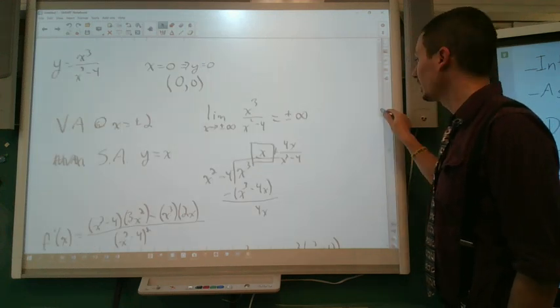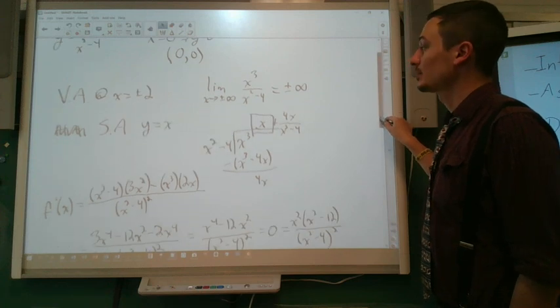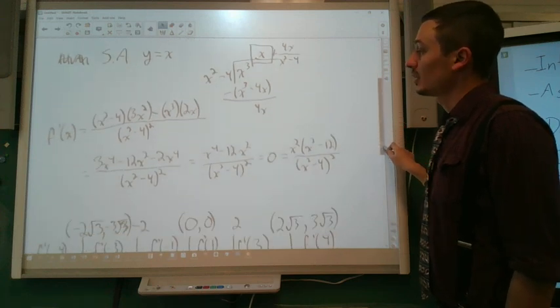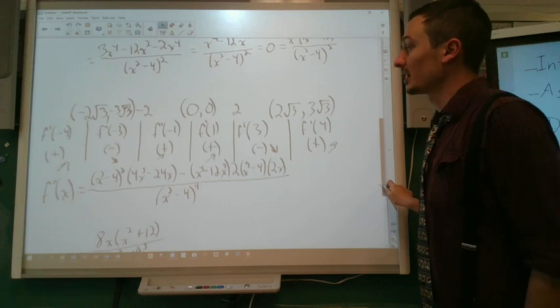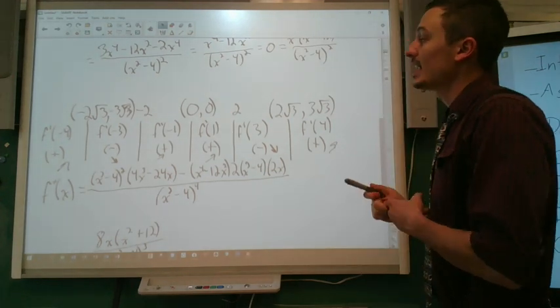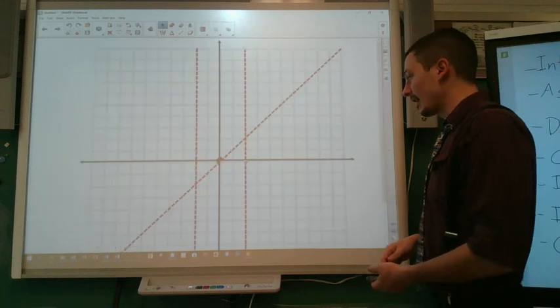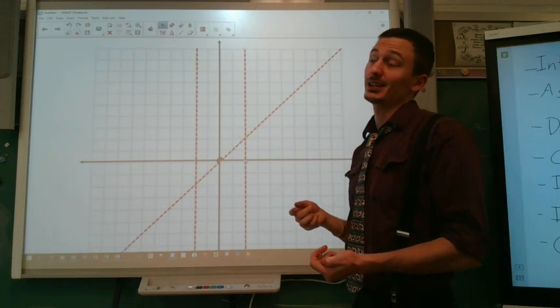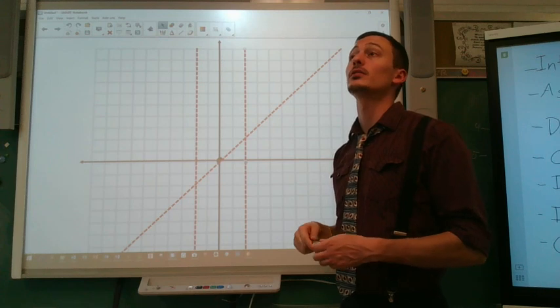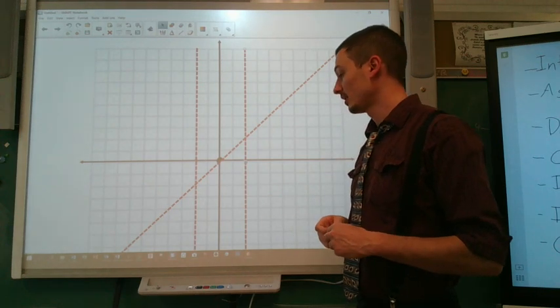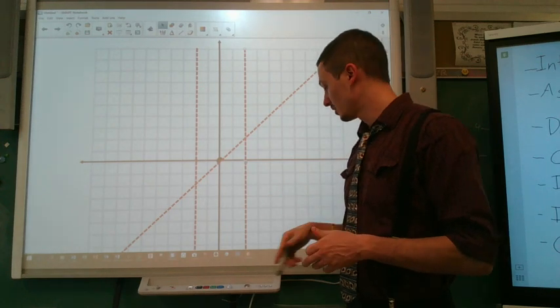Okay, what else do we have? We have the intercept, we have the asymptotes. Now we start plotting some critical points. So at -2 square roots of 3, -3 square roots of 3. -2 square roots of 3 is negative the square root of 12, which is between 3 and 4.